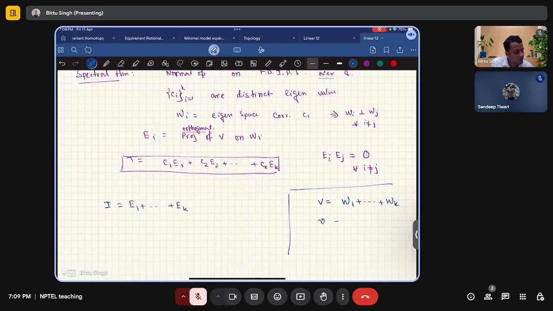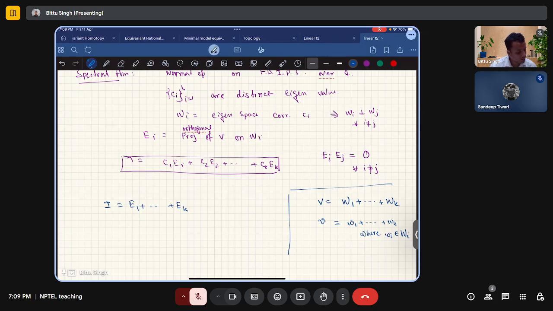Any vector can be written as small w1 up to small wk, where each small wi belongs to capital Wi.